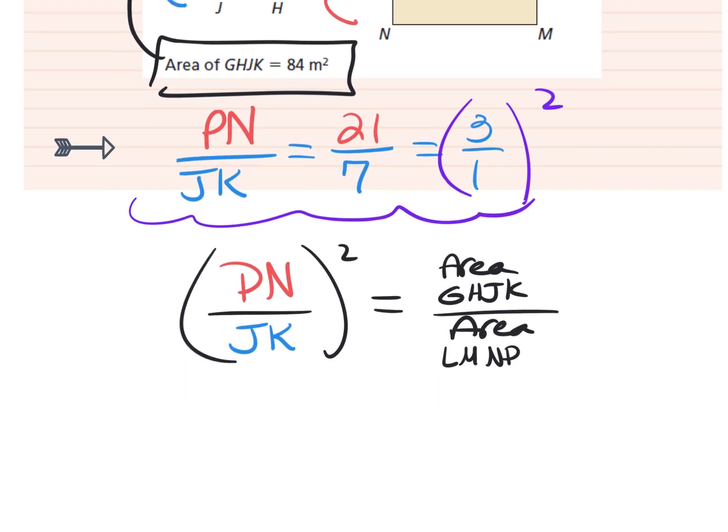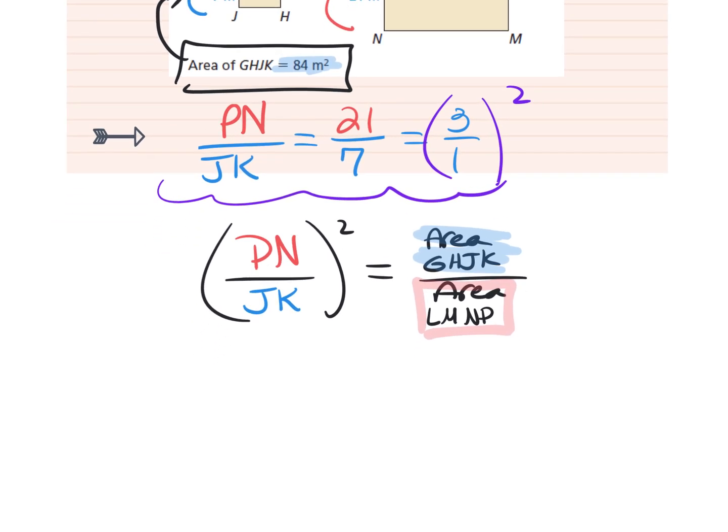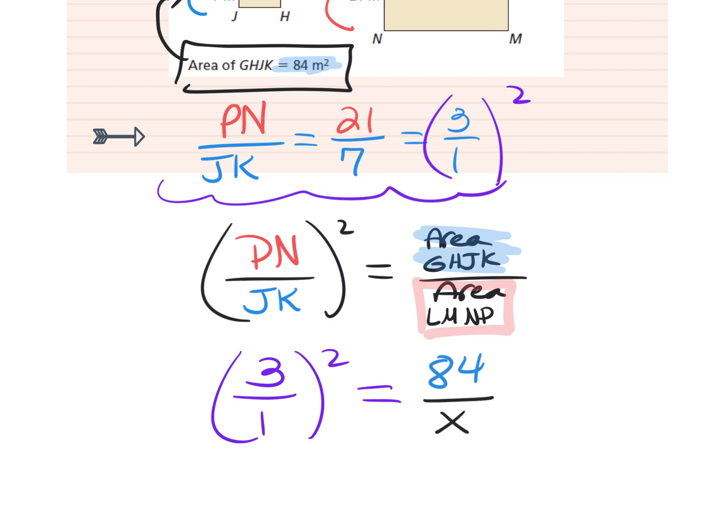So let me fill it in because I have this number and I'm going to put it here. This is going to be my variable. So let's take our simplified side length ratio, put it in. They gave me the area of GHJK is 84, but I don't know the area of LMNP.